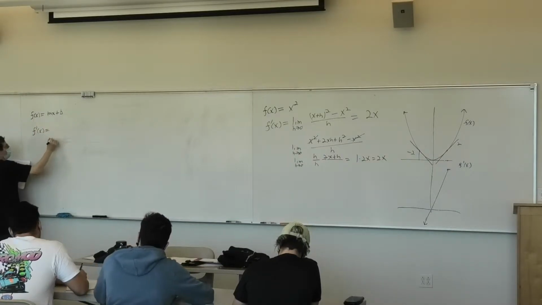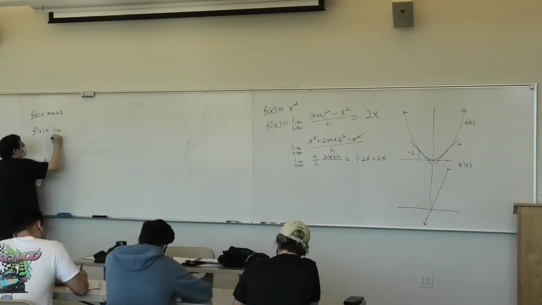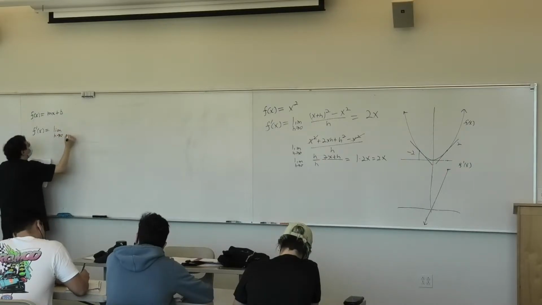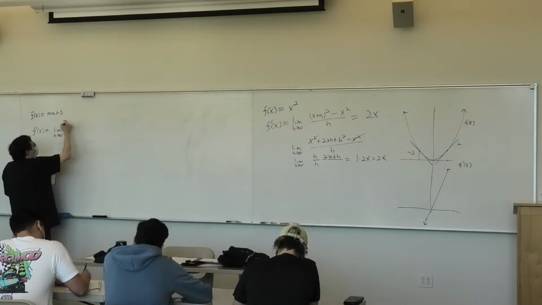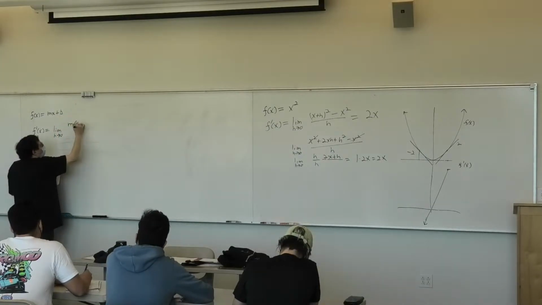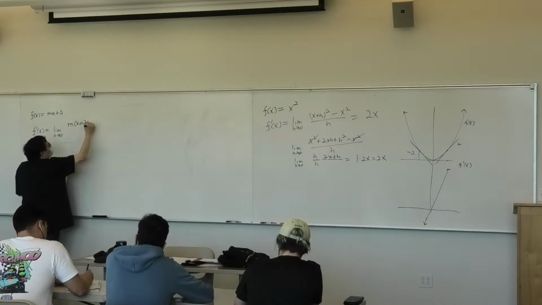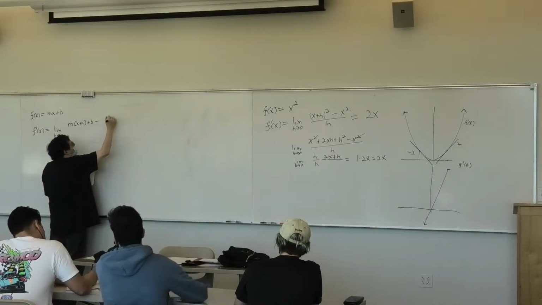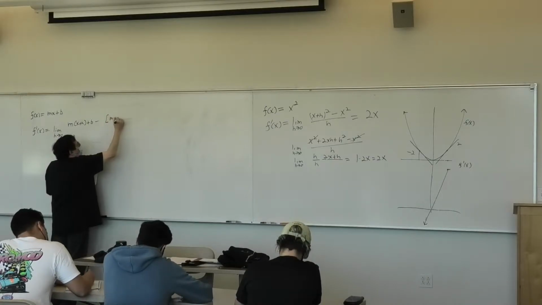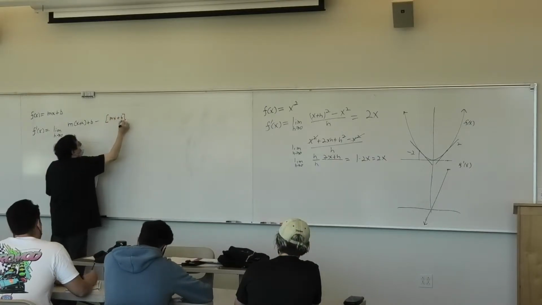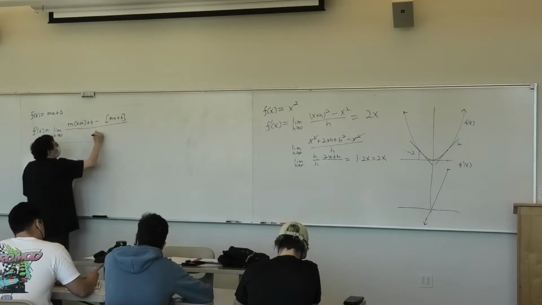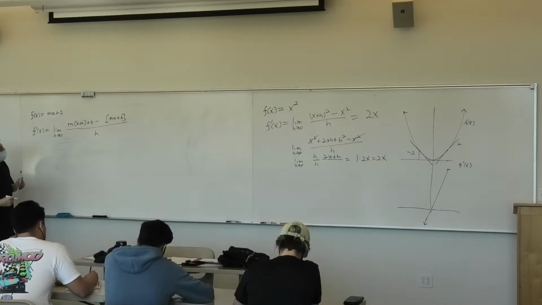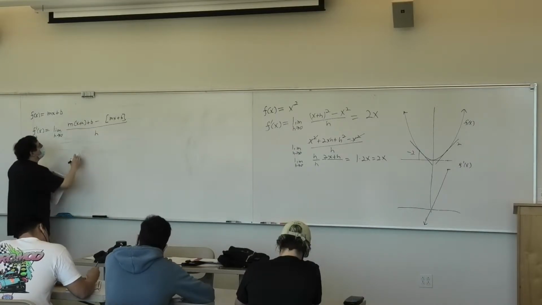Or the definition says it's the limit as h approaches 0 of f of x plus h, which is m times x plus h plus b, minus f of x, which is mx plus b, all over h. All right, again, we'll do a little algebra.